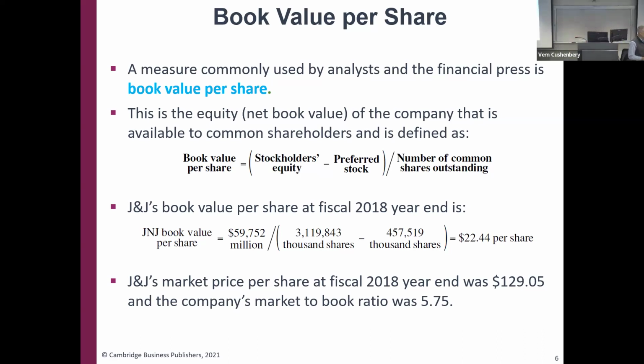The book means company books and records. So their books and records are simply their financial sheet. And what are we talking about here? We're talking about the balance sheet. So book value of equity per share. You can just think of this as shareholders' equity minus preferred stock divided by number of common shares outstanding.